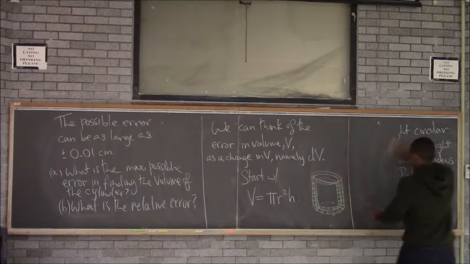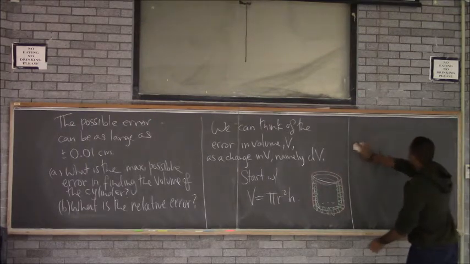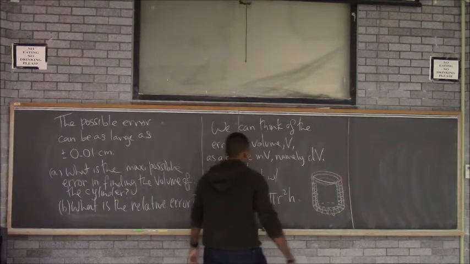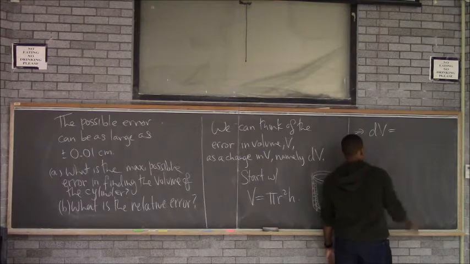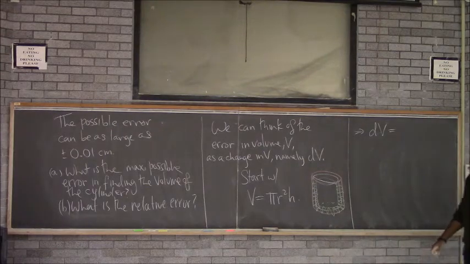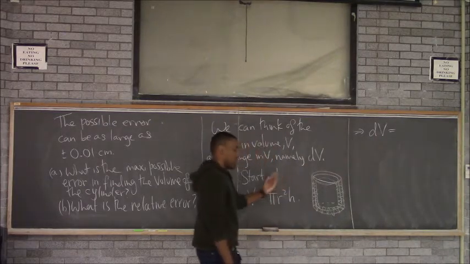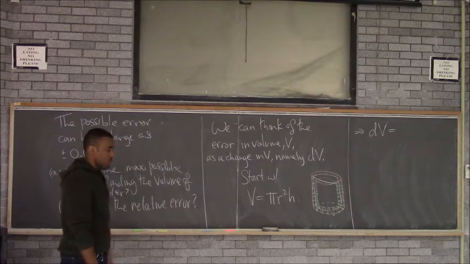Now this next part might be a little bit confusing, but I'll explain it after I write it down. Here's how dV is going to work. So we know what the differential is. I'm just going to want to take the derivative of this and multiply by the differentials of the individual variables.